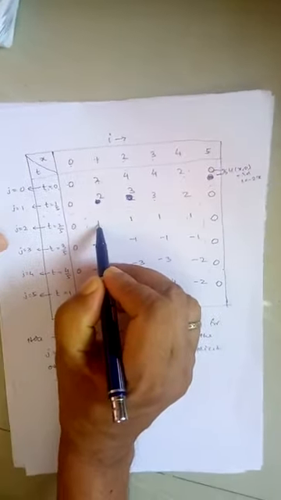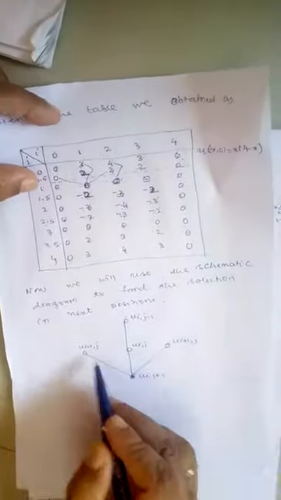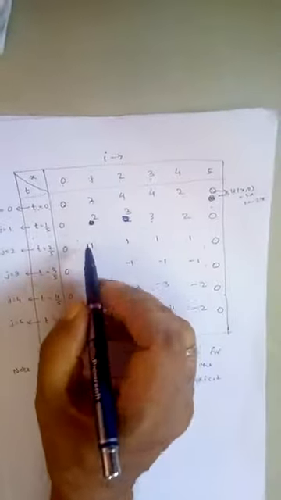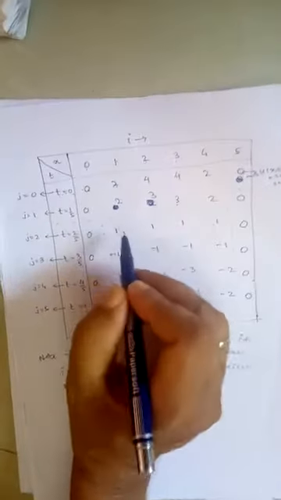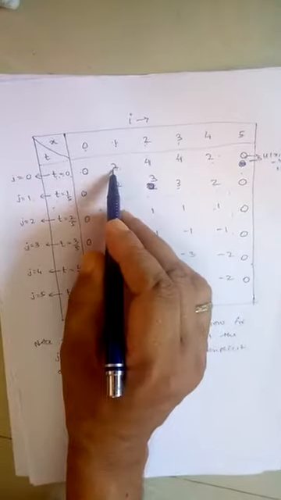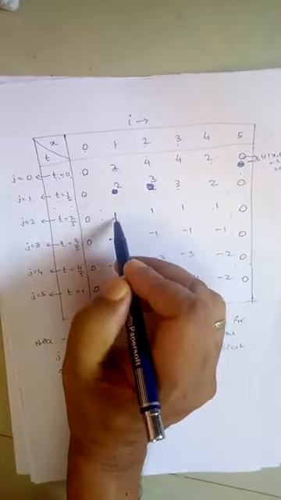What does the scheme say? One step left, one step right, and two steps above. So here one step left is 0, one step right is 3, 0 plus 3, and two steps above is 2. 0 plus 3 minus 2, 3 minus 2 is 1.